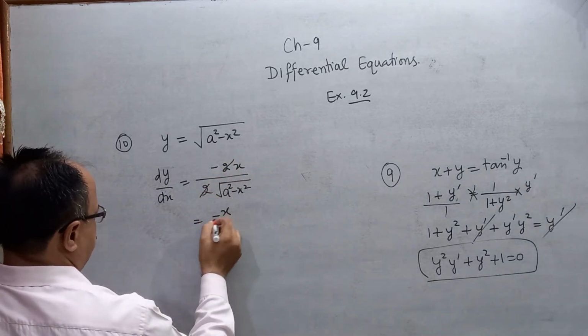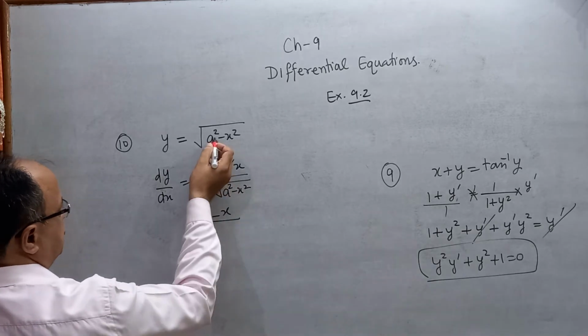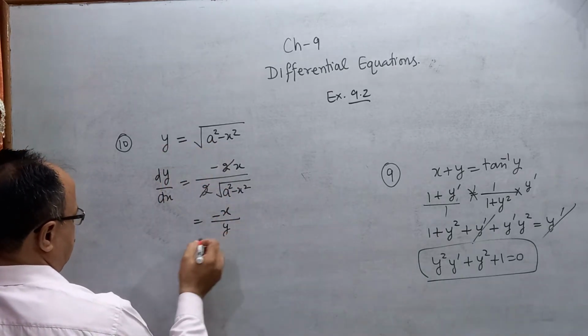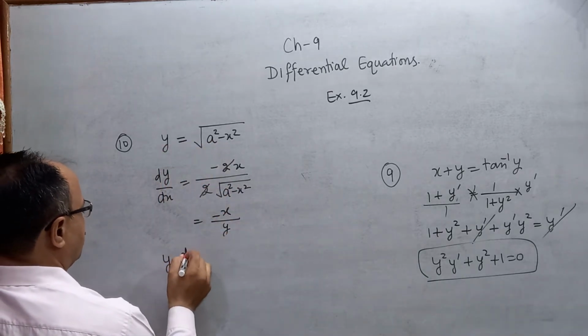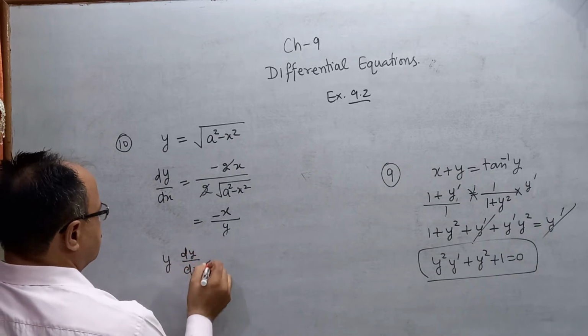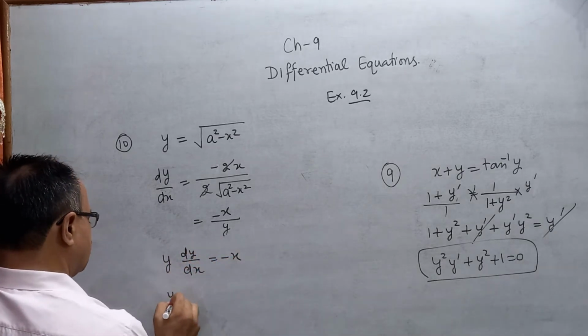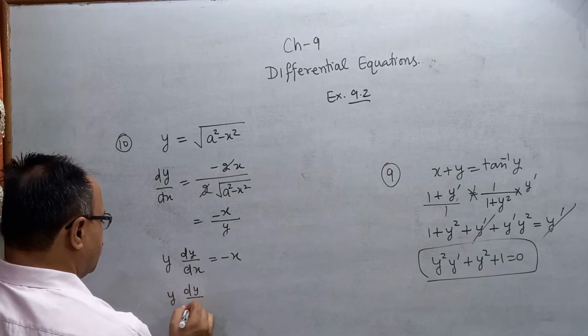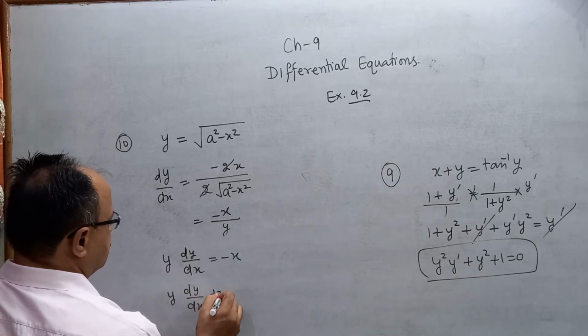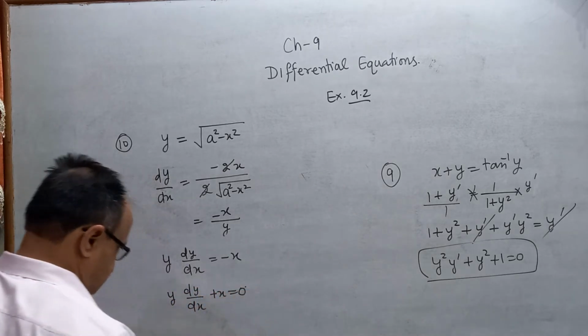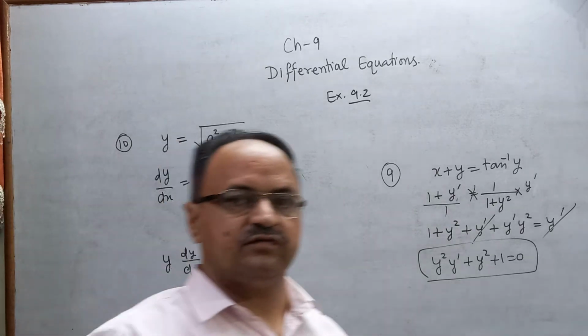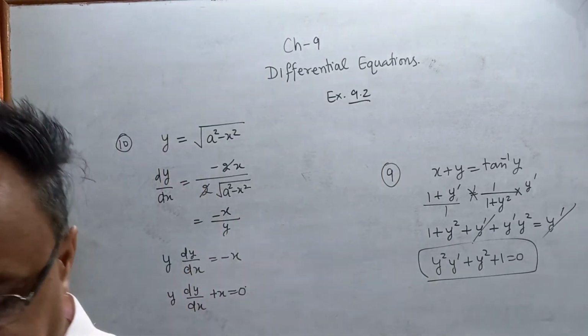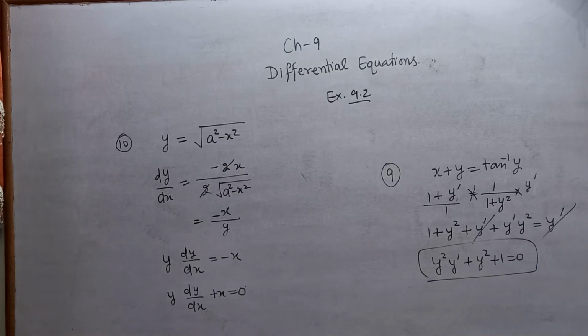And what is the value of this? Root a square minus x square is y. Then cross multiply: y dy by dx is equal to minus x. Therefore y dy by dx plus x is equal to 0. This is the solution of question number 10. Clear? You can check.